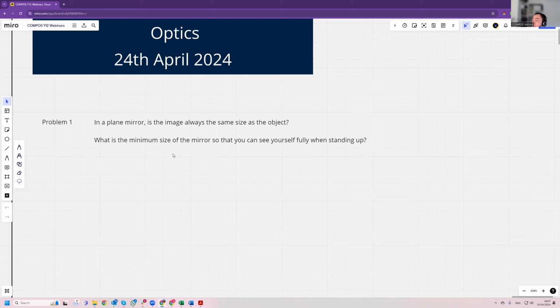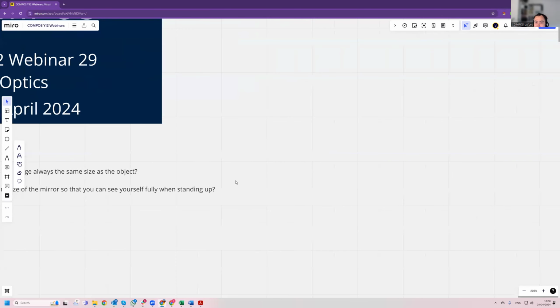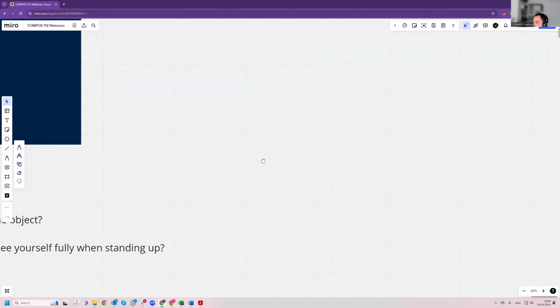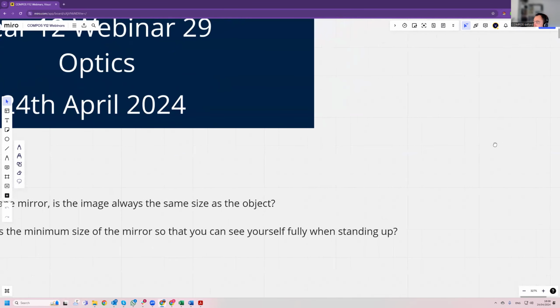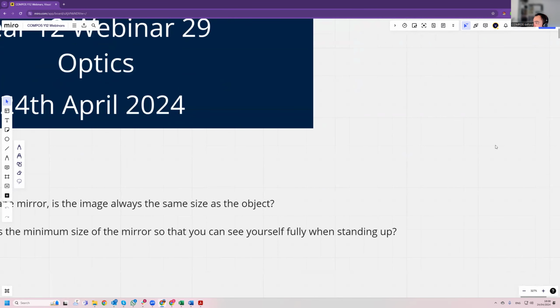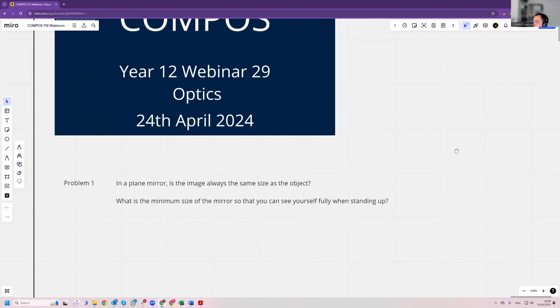Okay, what makes you think that it is not? Can you explain the reasoning behind it? Because if you tilt the mirror, it skews everything.